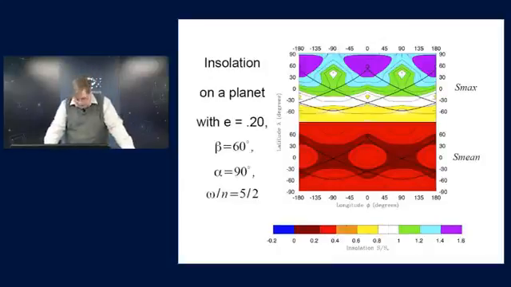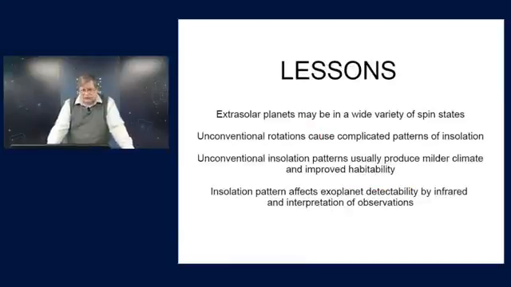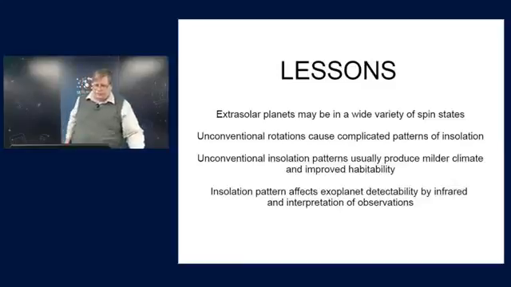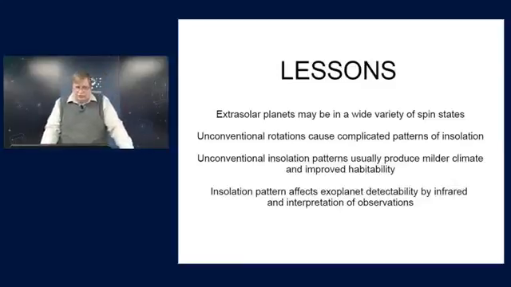Okay, so we know that extrasolar planets could be in a wide variety of spin states. We don't know, but the dynamics indicate that there are a lot of possibilities. Also, I've shown you that these unconventional rotations cause pretty complicated patterns of insolation across the surface of a planet. As a general rule, these unusual insolation patterns produce a milder climate because the insolation is more broadly distributed, and you might expect that to improve a planet's habitability as well.